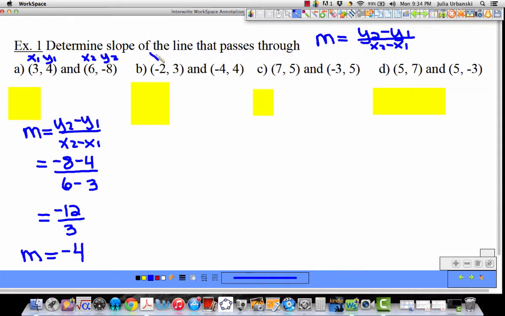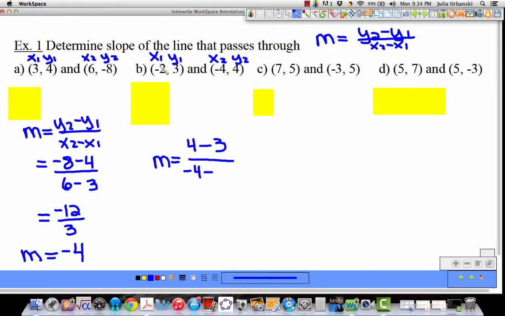Look at this one. x1, y1, x2, y2. Plug it into the formula. It's the same formula there. So the slope is going to be y2, which is 4, minus, it's always minus, y1, which is 3, over negative 4, which is x2, minus, always do subtraction, and then look at the next number.